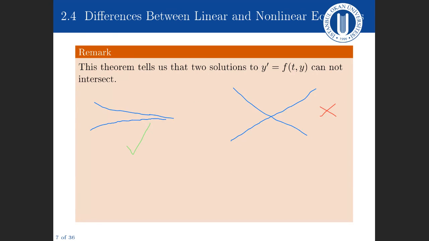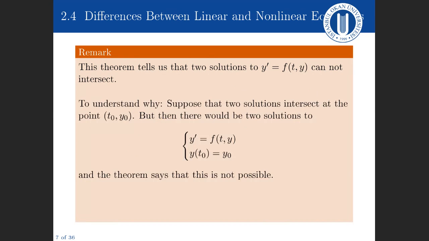That's not possible. To understand why, let's suppose we did have two solutions which intersected, two solutions which crossed, and let's suppose they intersect at the point t0, y0. Then that means we have two solutions to the initial value problem that I've written.